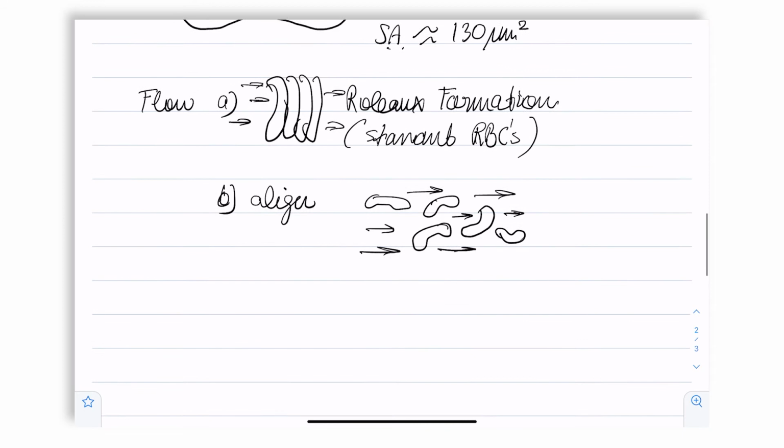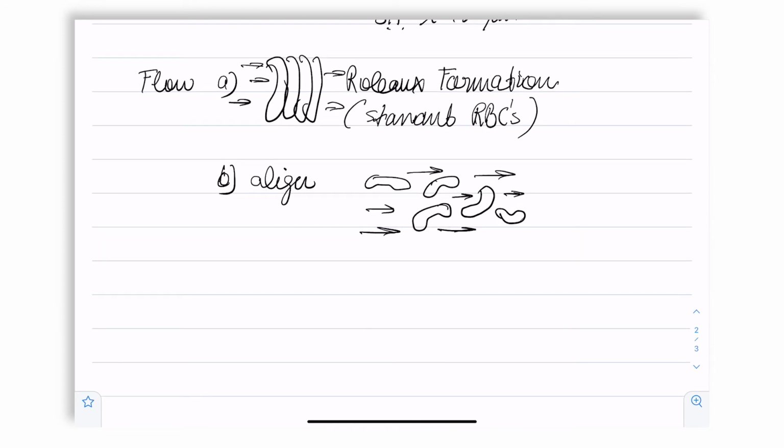What is the typical content of RBCs in human blood? Concentration.